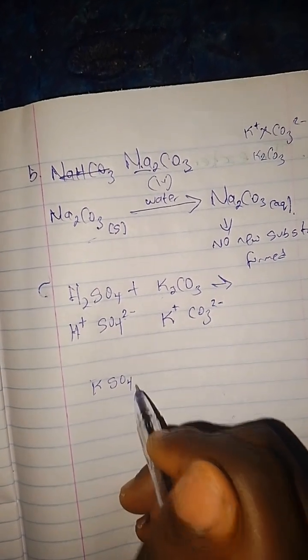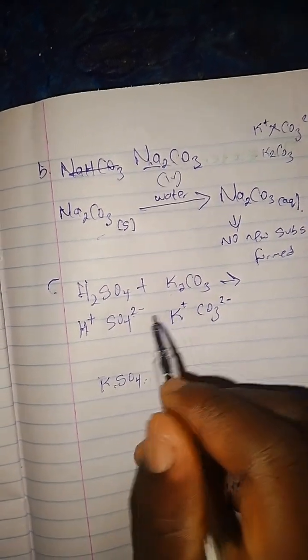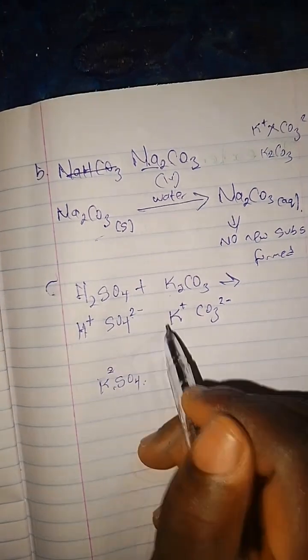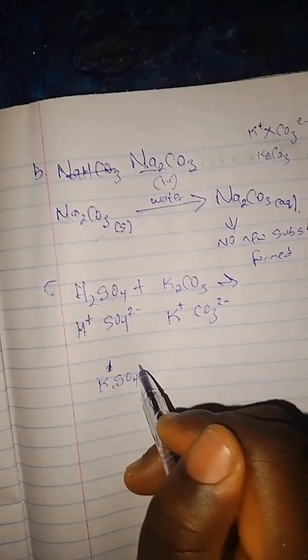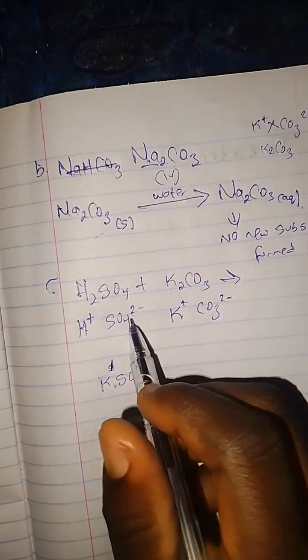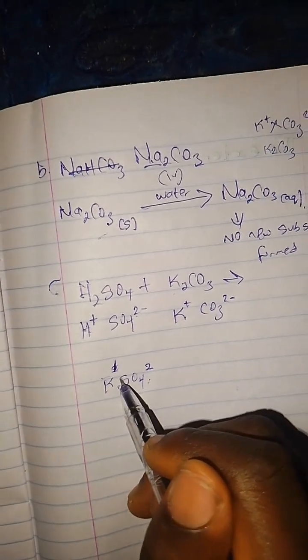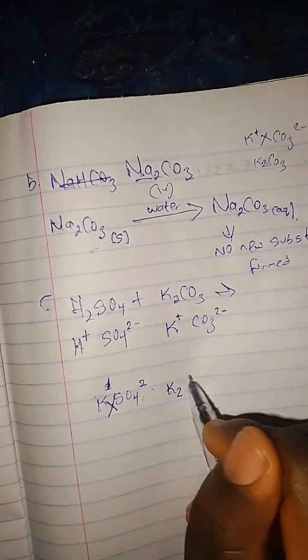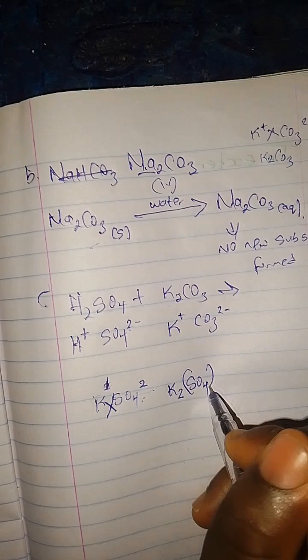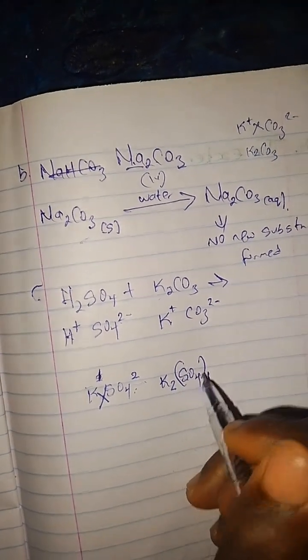But what are we going to put as the atoms? Let's introduce the valencies. Potassium is 1 and sulfate is 2. When they interchange, K will be carrying 2, while SO4 in brackets will be carrying 1. 1 multiplying everything inside will still be the same number.